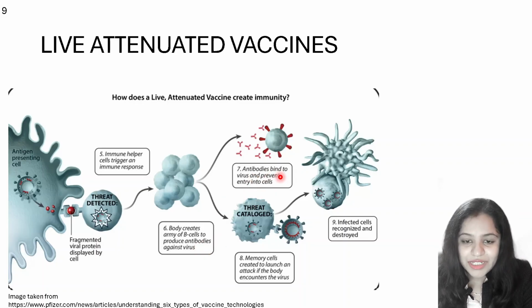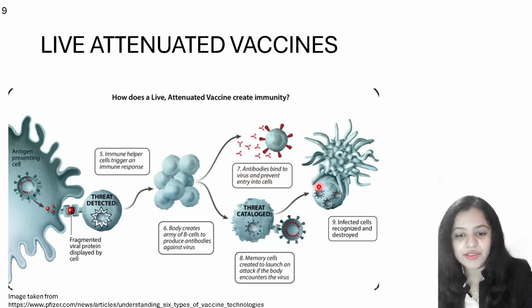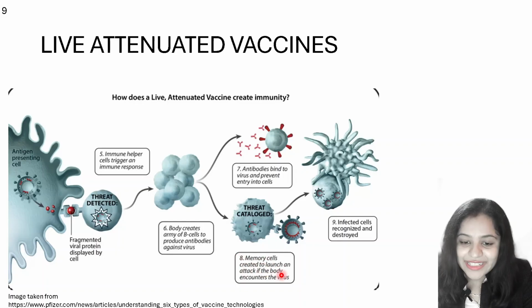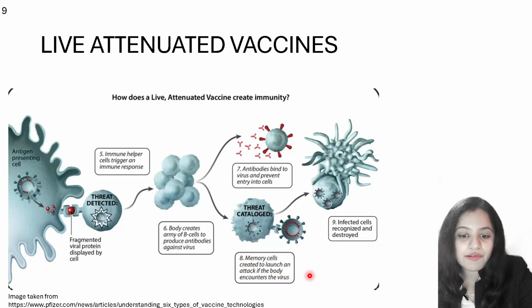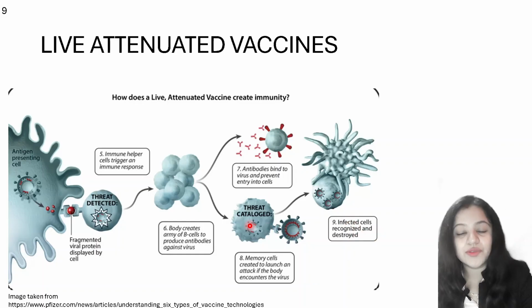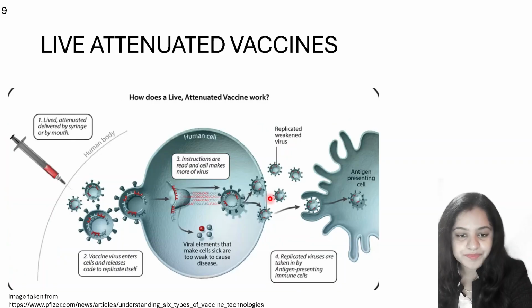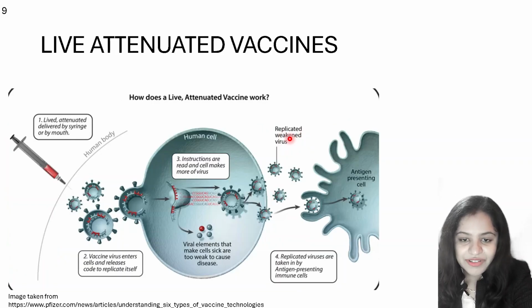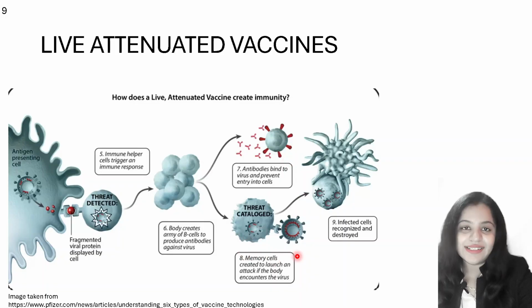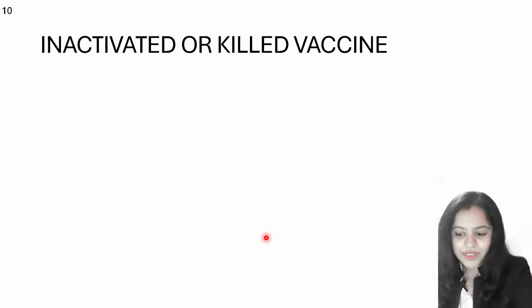So antibodies bind to the virus or organism and prevent entry into the cell. Memory cells are created to launch an attack if the body encounters this organism, and infected cells are then recognized and destroyed. So the points to remember here are that the weakened organism replicates and memory cells are formed. I hope that was clear.